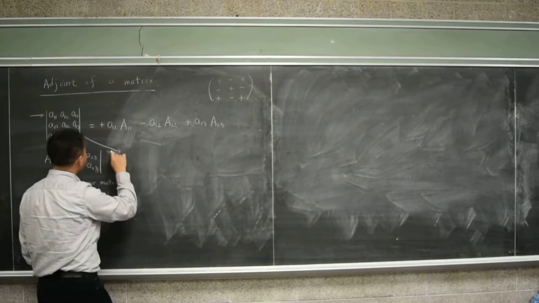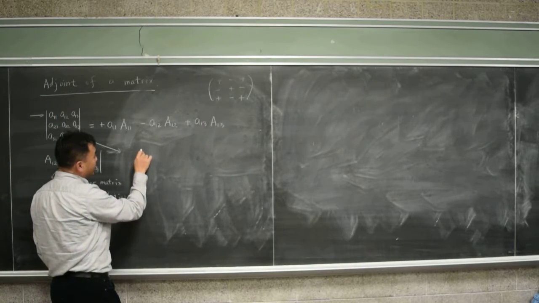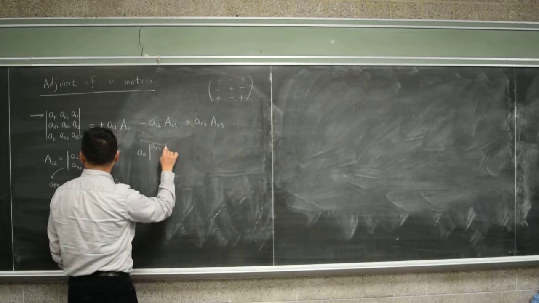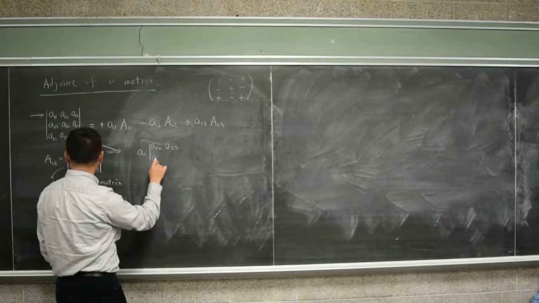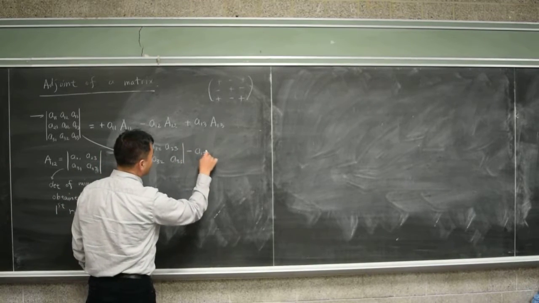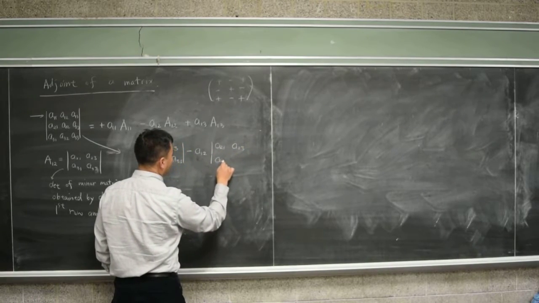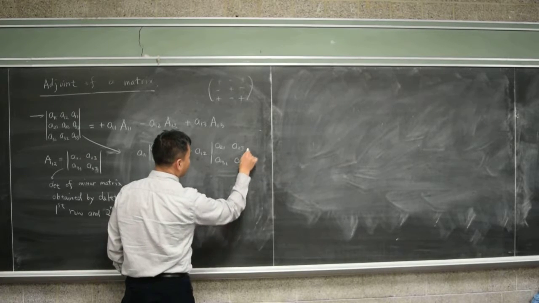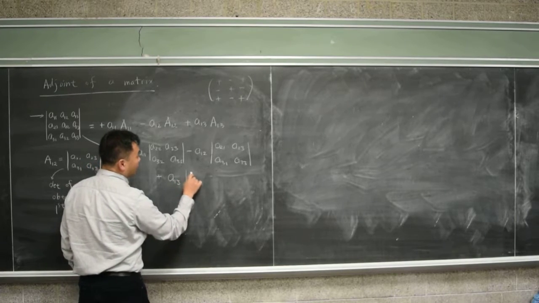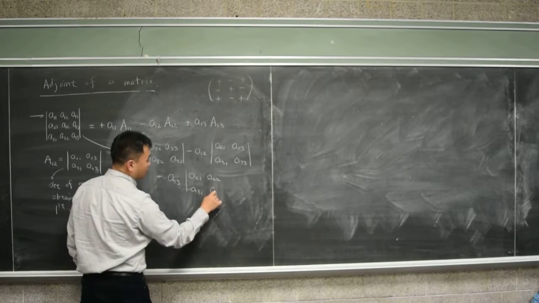The actual definition of the determinant is you multiply A11 times A22, A23, A32, A33, minus A12 times A21, A23, A31, A33, plus A13 times A21, A22, A31, A32.